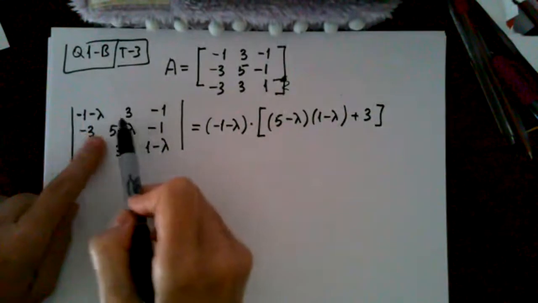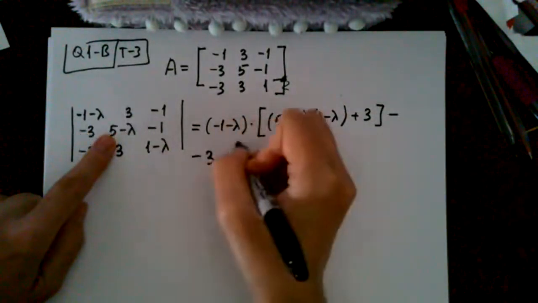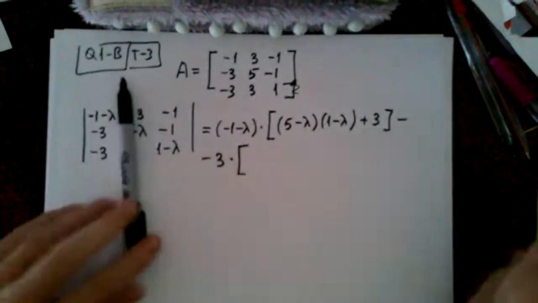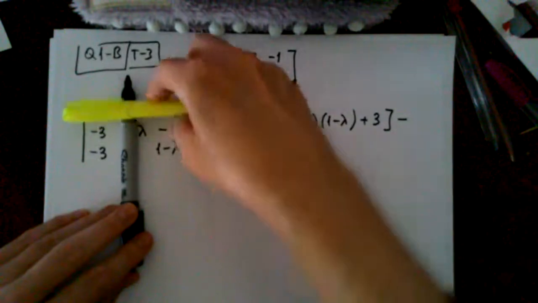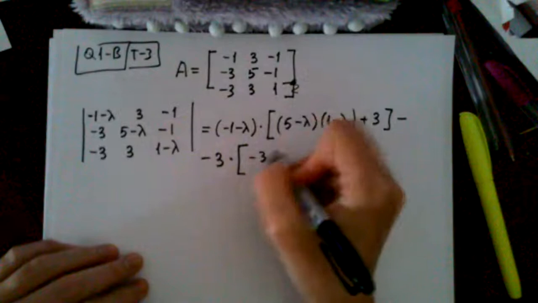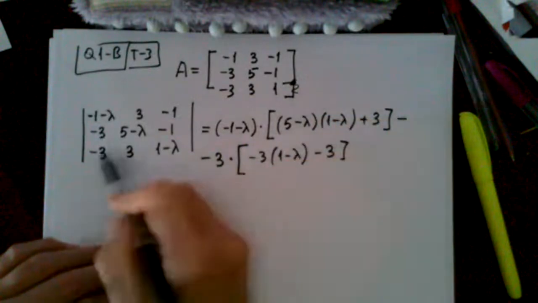Then we move along this first row. The second element is 3, but it should be minus 3 when you calculate determinants. You know about this. This time we are crossing out the first row again, but the second column. So you can see this matrix. It will be minus 3 times 1 minus lambda and minus 3, not plus 3.